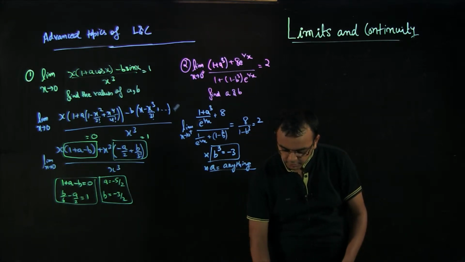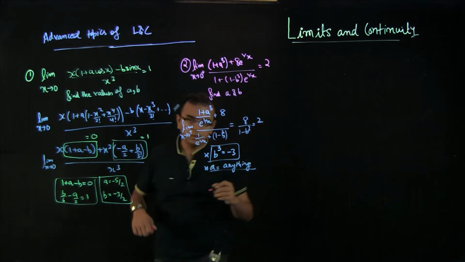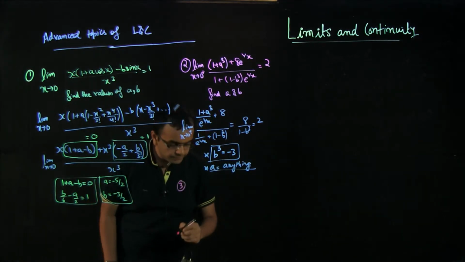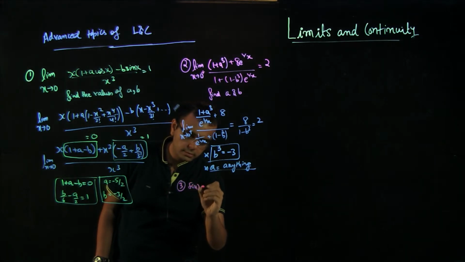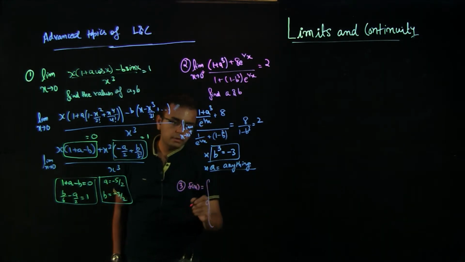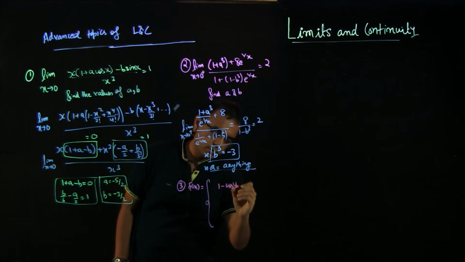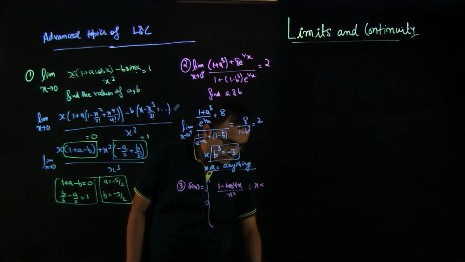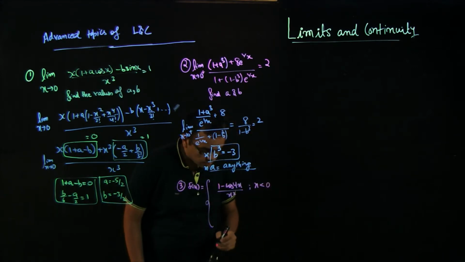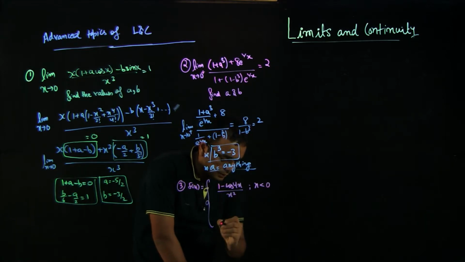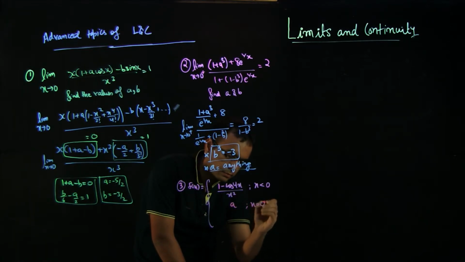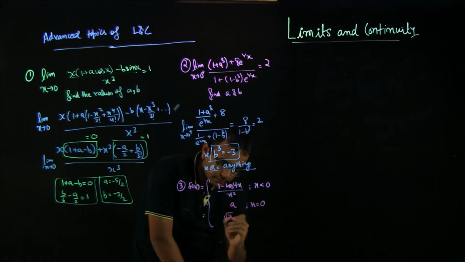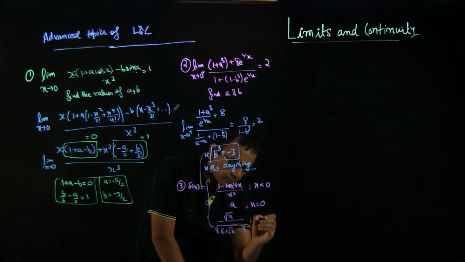So there are these problems in continuity which come in similar form, and the problem is that f(x) is 1 minus cos 4x by x square for x less than 0, a for x equal to 0, and root x by 16 plus root x minus 4 for x greater than 0.